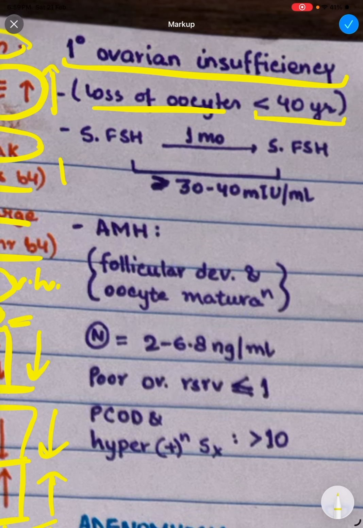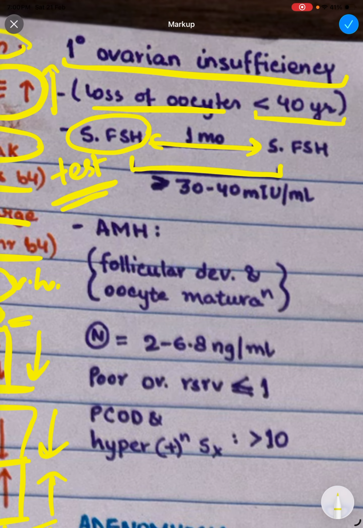In this, we get a test done for serum follicle stimulating hormone, two tests 1 month apart, and if both give us a value greater than the threshold of 30 to 40 milli international units per ml, we confirm it to be primary ovarian insufficiency and not a physiological cessation of ovulation.